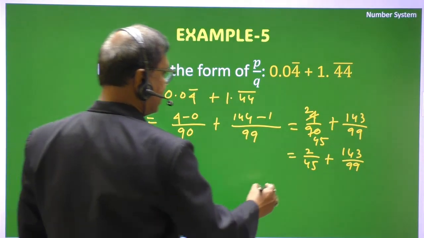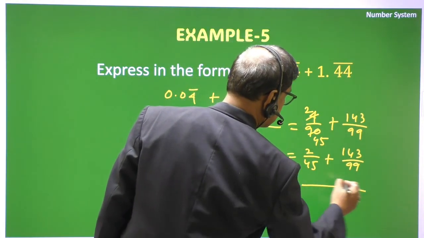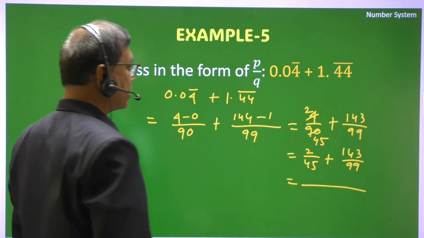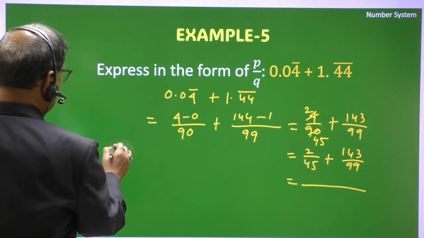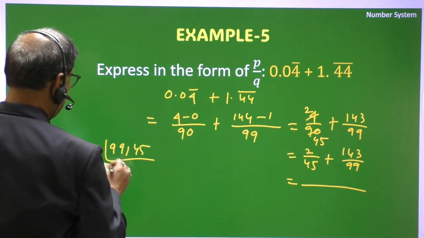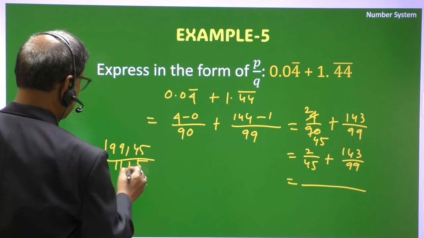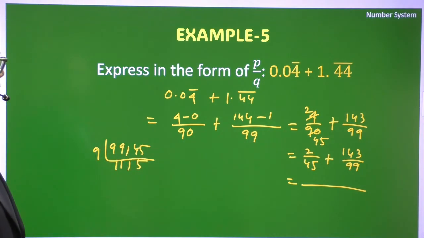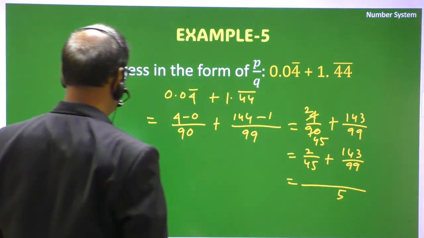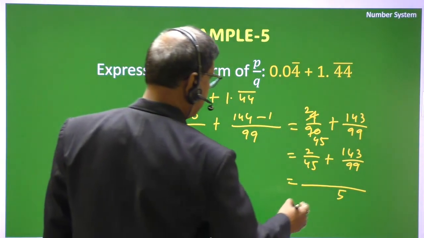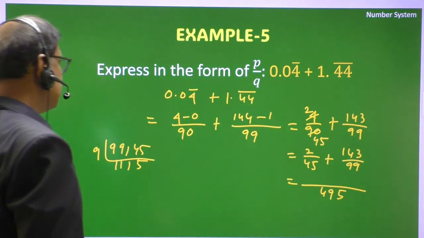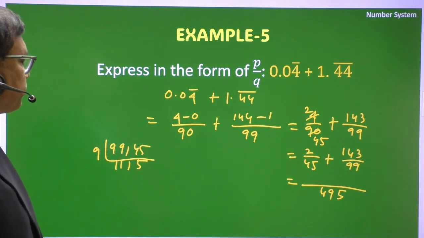Now we have to add these two, which means we have to take the LCM of 45 and 99. What is the LCM? 99 and 45. So if I give 9, 11 and 5 here, so 55 into 9, that is 9 5s are 45, and 9 5s are 45 plus 4, 495 is the LCM value. Yes.